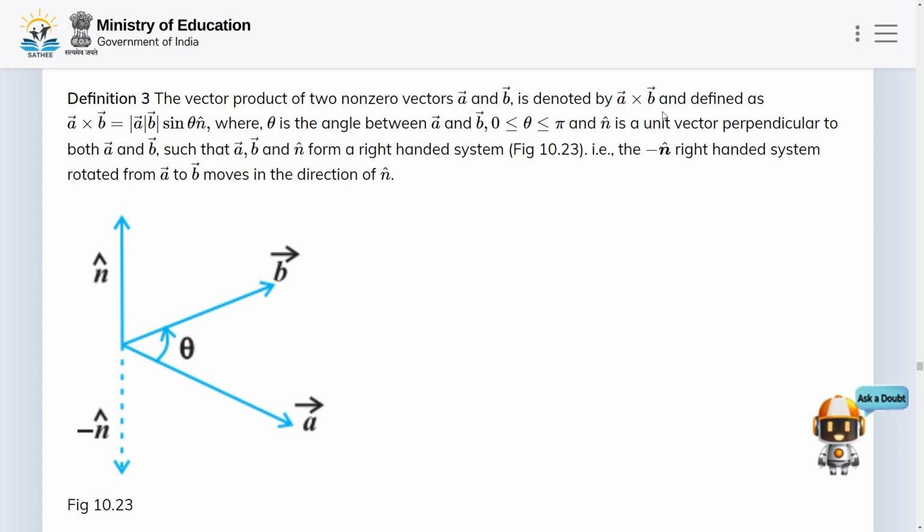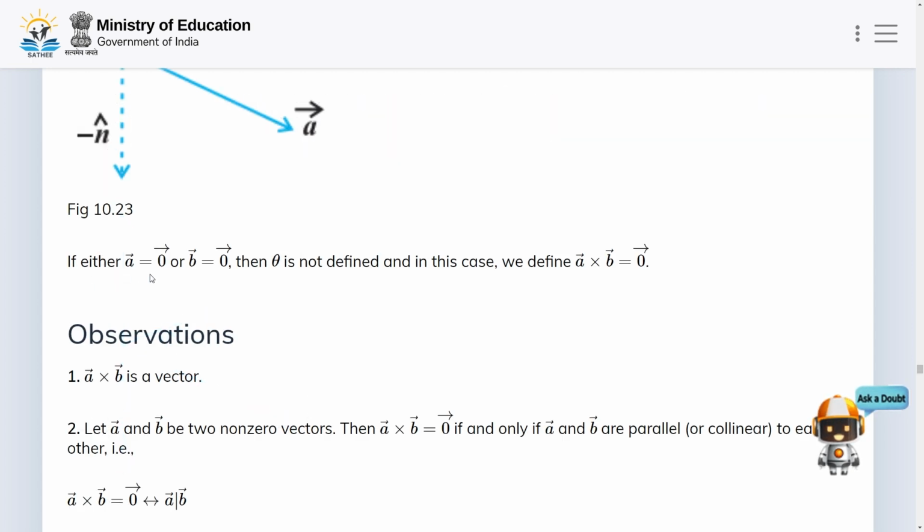So this n vector must be, first of all, a unit vector, and must be perpendicular to both vectors A and B. This is very important. If vector A or vector B is 0, then theta cannot be defined here, but we define our cross product to equal 0. When either A or B is 0, the cross product we have defined as equal to 0.